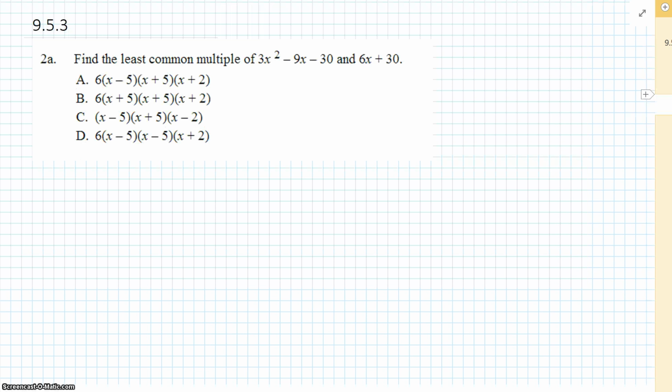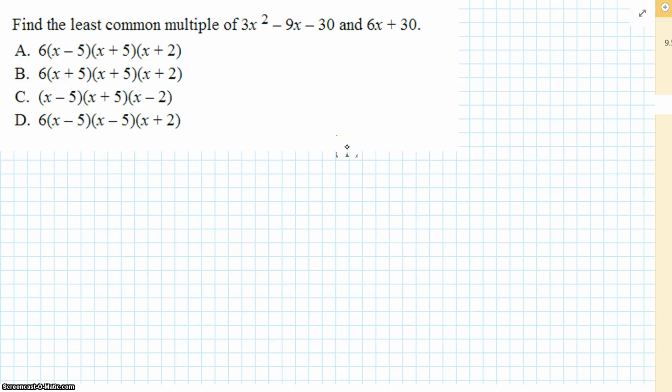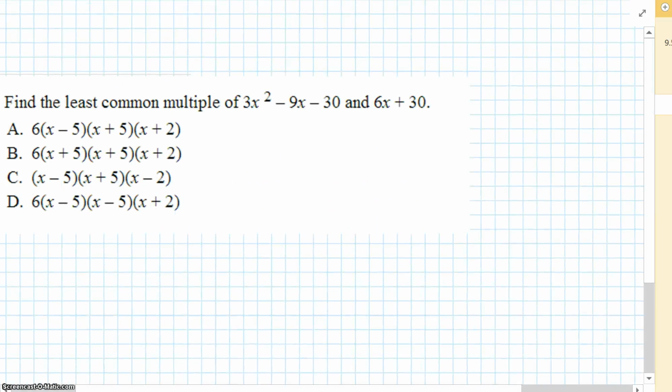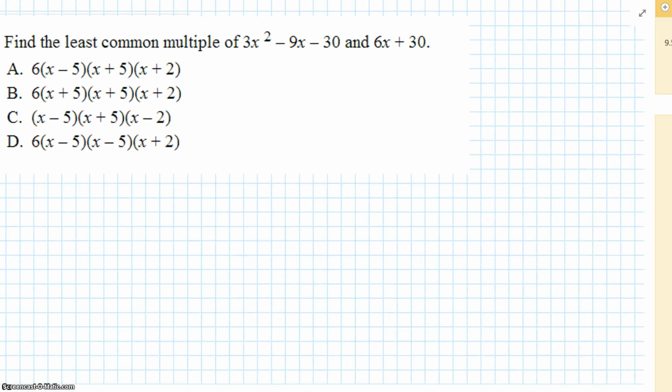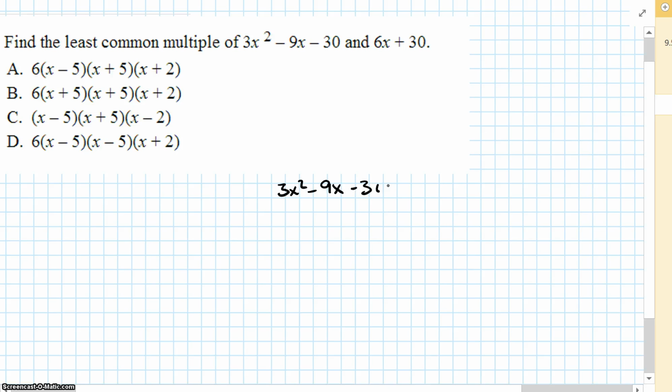Okay, moving on. Find the least common multiple of 3x squared minus 9x minus 30 and 6x plus 30. So let's look at the first term, 3x squared minus 9x minus 30. Let's factor out a 3. That becomes x squared minus 3x minus 10.